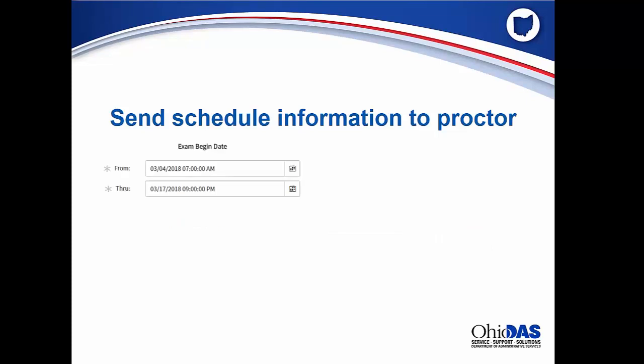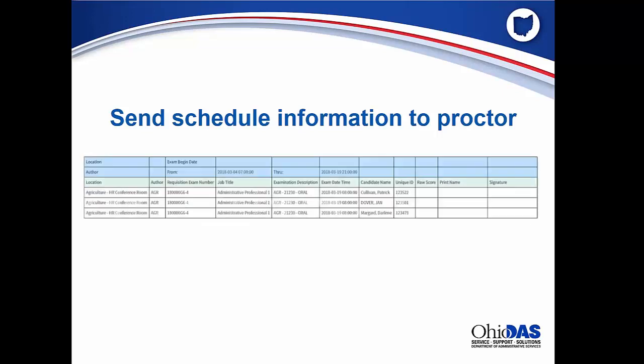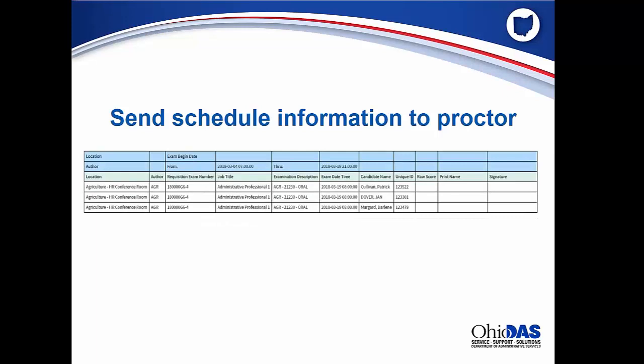So 2 fields that we must put in our parameters, however, are the exam begin dates, from and to, and then once we enter the rec exam, let's just say, and input our dates, we can generate the report. And so in this example, I've entered the test, in this case AGR 21230, as an oral assessment, and generated what's seen.